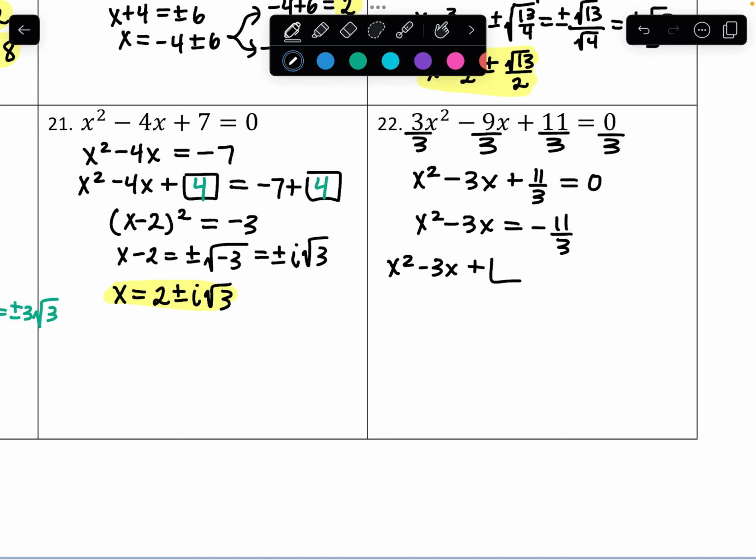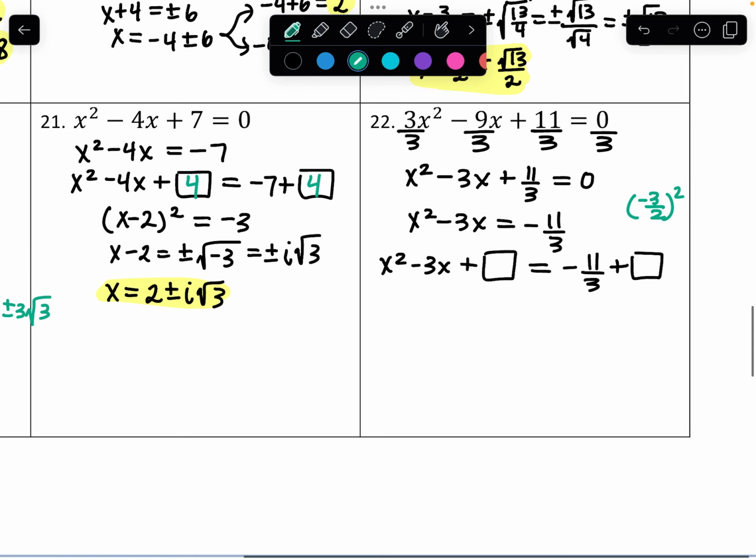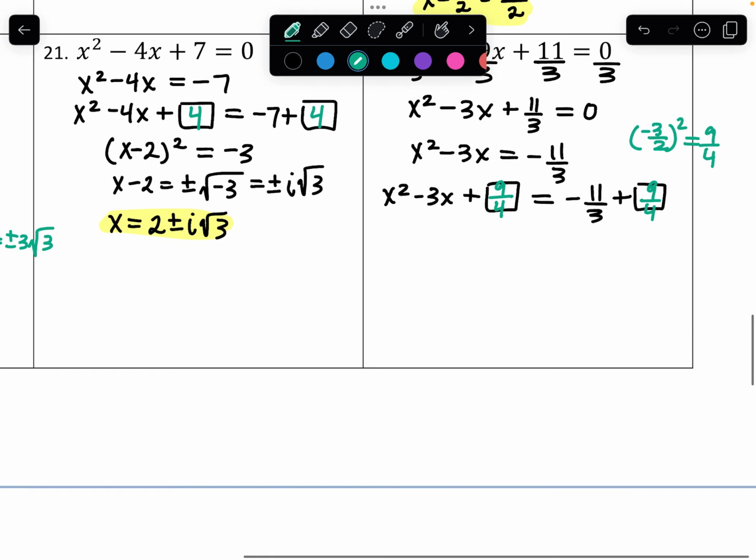Make room for the boxes. Half of b is -3/2. And when we square it, we get 9/4. So the left side factors to (x - 3/2)^2.